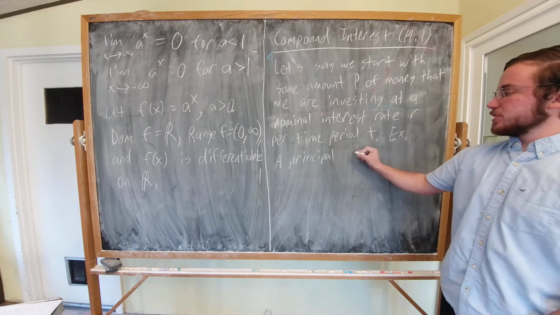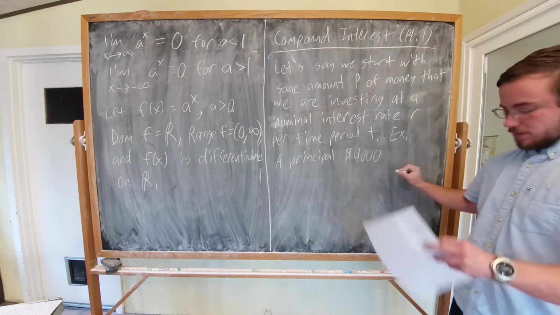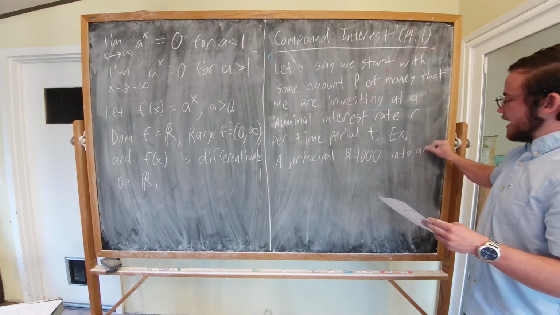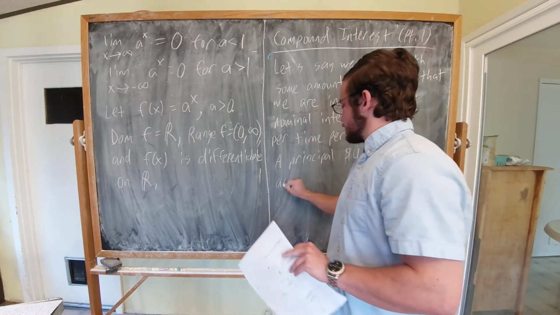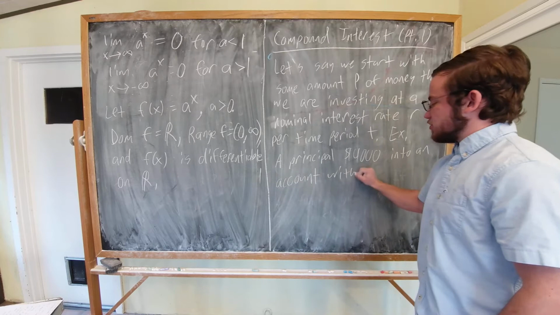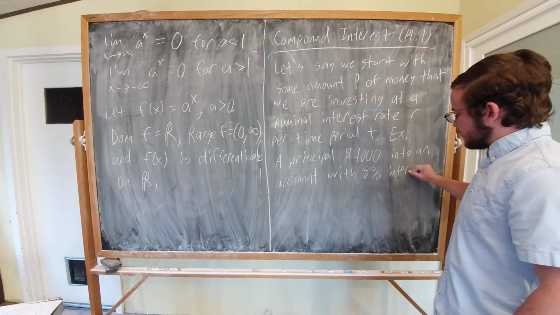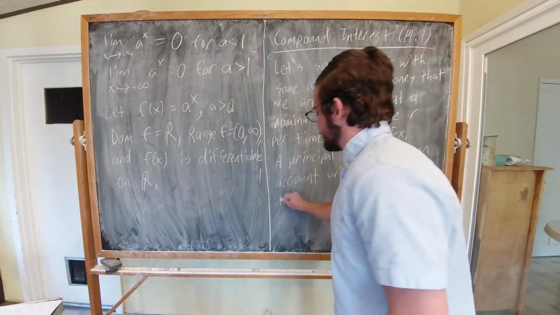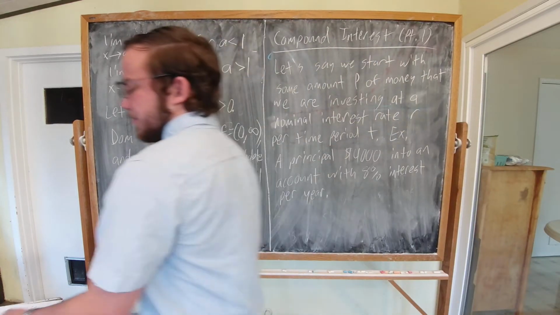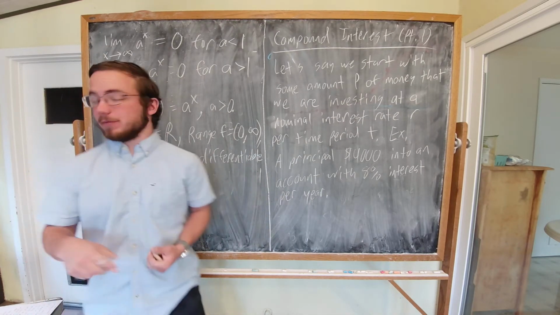So we have a principal of $4,000 into an account with 8% interest per year. And the natural question becomes, okay, well, how much money is in my account after a certain amount of time?